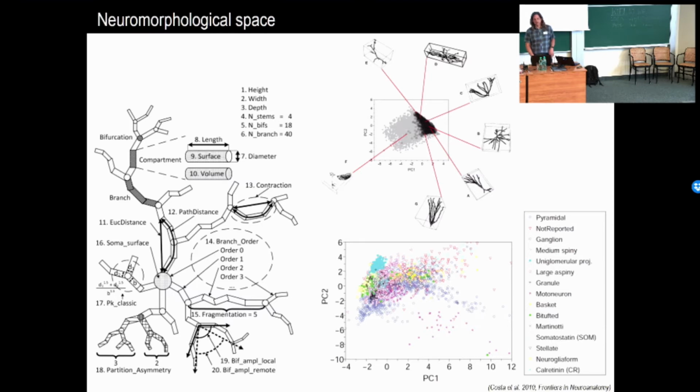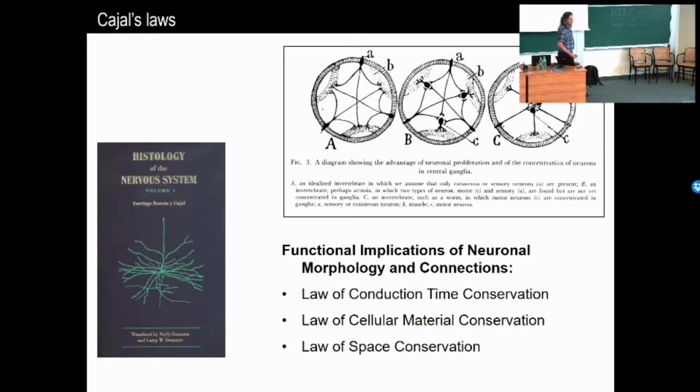So we actually need modeling, and in particular, since I told you I'm interested in this relationship between connectivity and morphology, we need some kind of model that takes into account these two things.